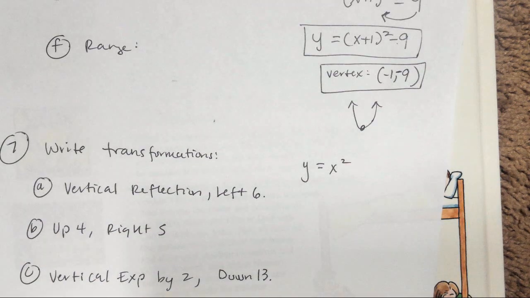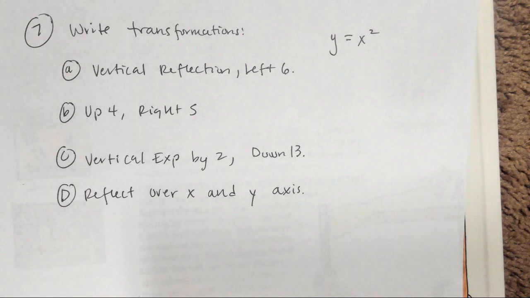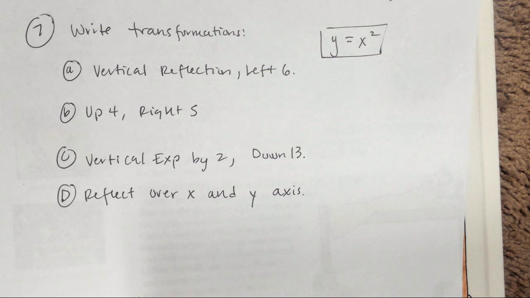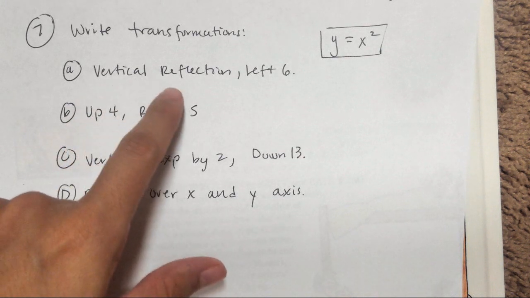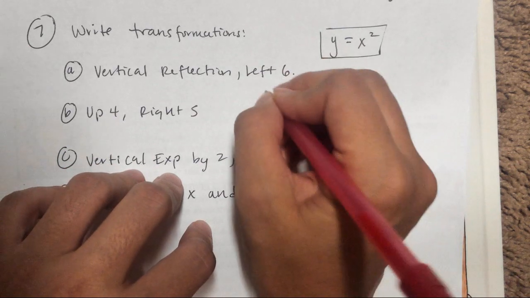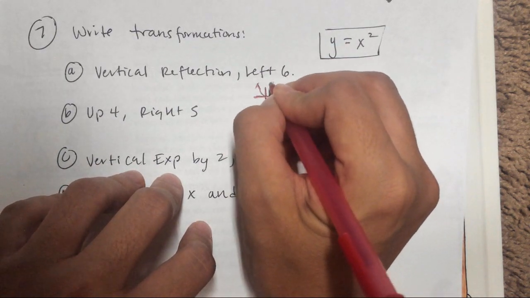Now we are on number 7. So number 7, they give you just the parent function y equals x squared, and they want you to rewrite with these transformations. So for part A, it says you have a vertical reflection, left 6. So vertical reflection means you flip it vertically.